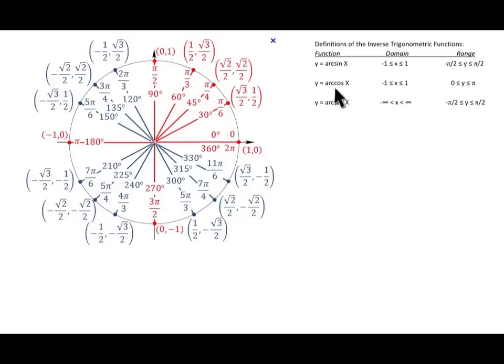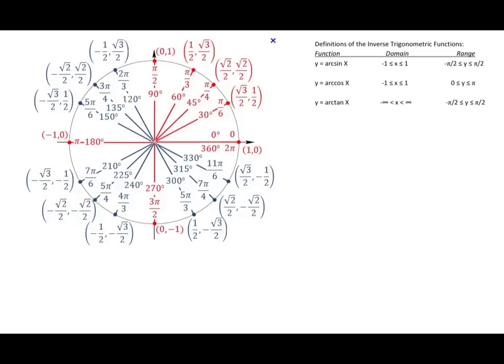Notice that arc sine and arc tangent have the same range, both of the same quadrants. It's cosine, the even function, that is from 0 to pi. All right, so 0 to pi, cosine is first and second quadrant. From pi over 2 to negative pi over 2 is both sine and tangent, arc sine and arc tangent.